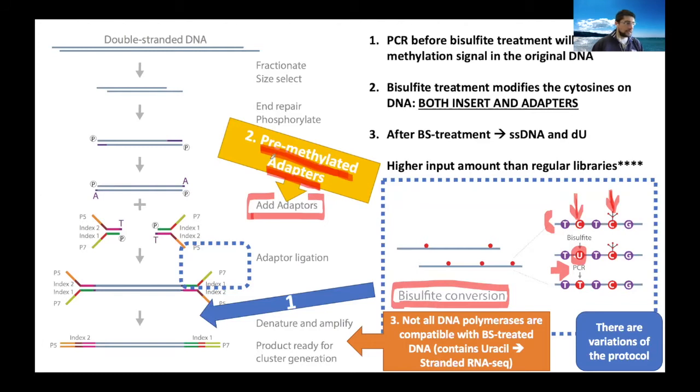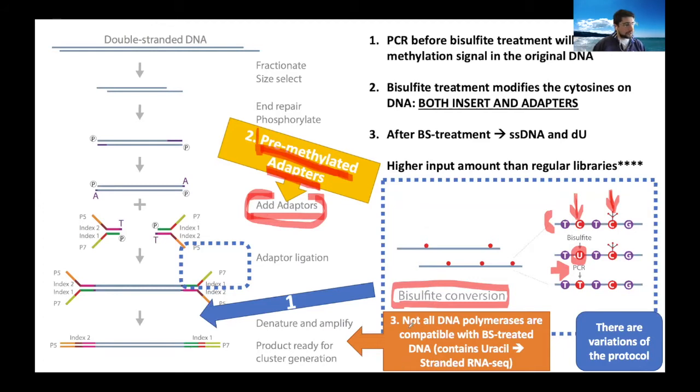So the only way to maintain the same sequence of the adapters after bisulfite conversion is to have pre-methylated adapters. That's why we are using these special adapters in this case. The sequence is the same, it's just modified with methylation.